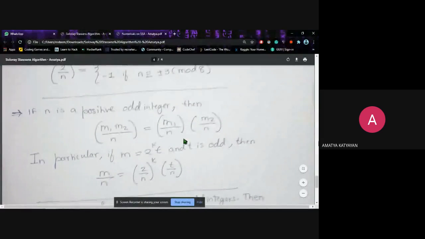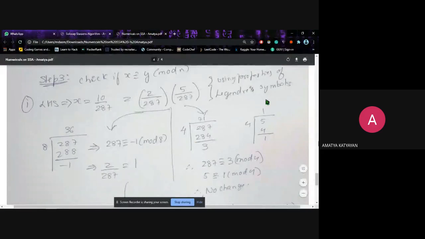Okay, this is the split up that we get according to properties of Legendre. Now, once we've got this split up, we write the same thing. 2 into 5 upon 287 can be written as 2 upon 287 multiplied by 5 upon 287. This does not mean 287 square. This is just a property of Legendre symbol. Okay. We solve this separately.